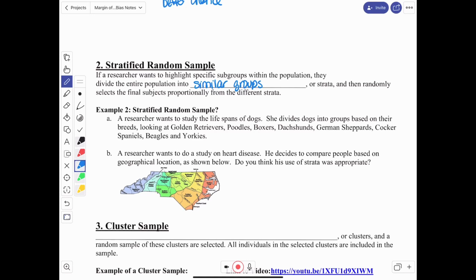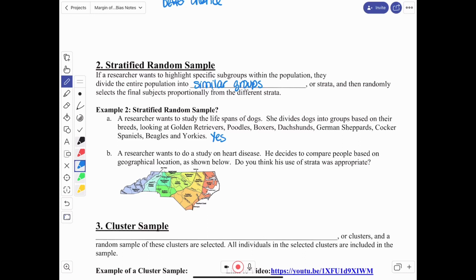So a researcher wants to study the lifespans of dogs. She divides the dogs into groups based on their breeds, looking at golden retrievers, poodles, boxers, dachshunds, German shepherds, cocker spaniels, beagles, and Yorkies. So this would be good strata because they're divided according to their breeds, and she's going to pick some from each breed because the breed could affect their lifespan.